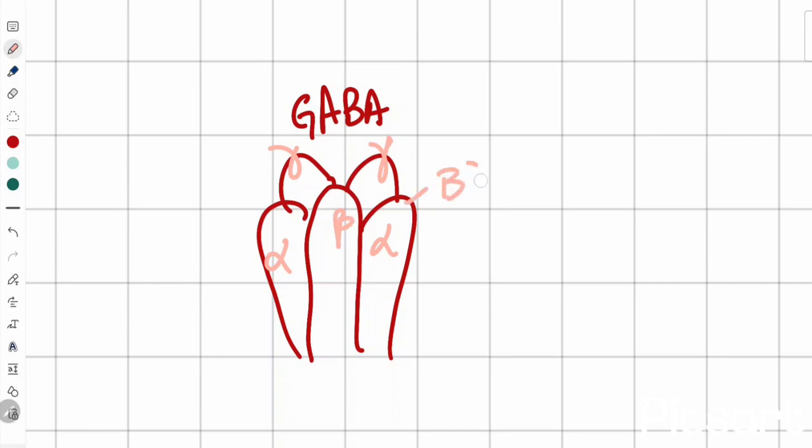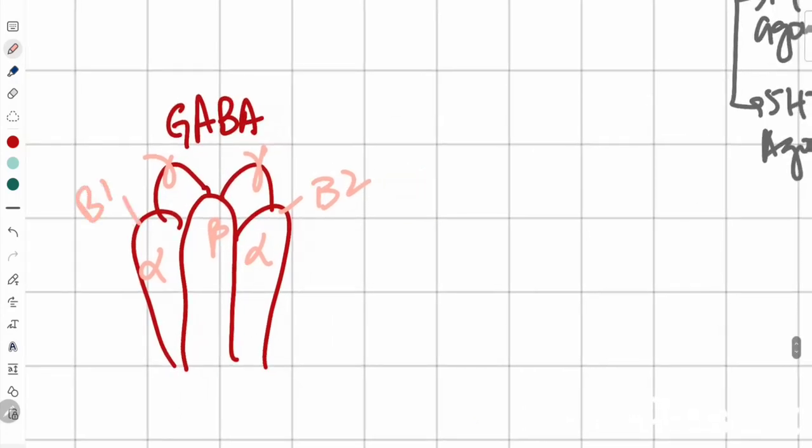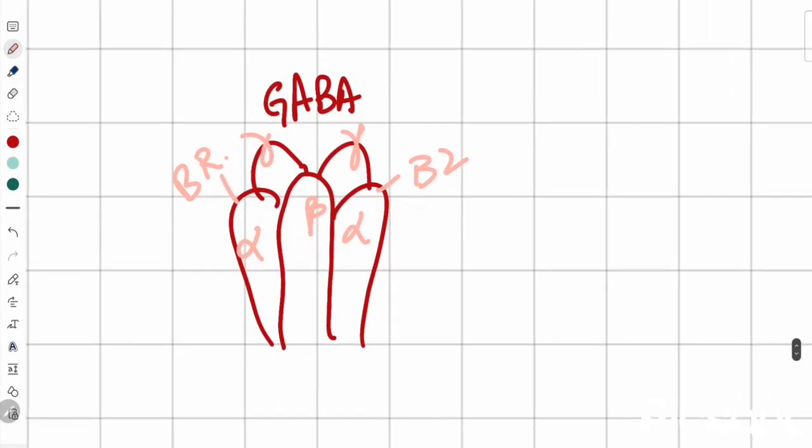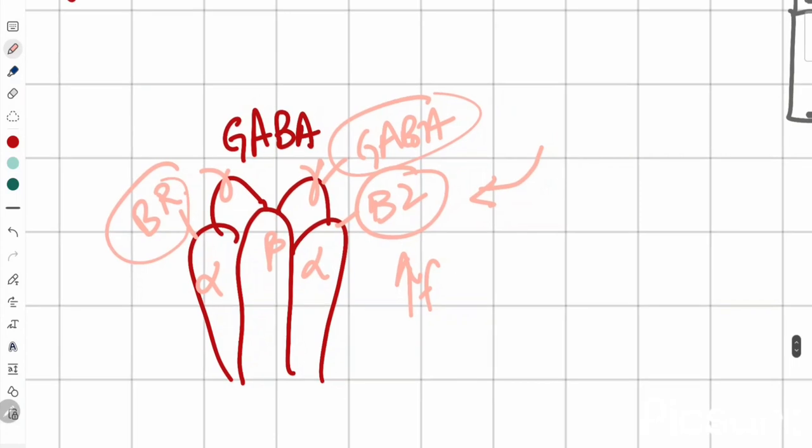One is a benzodiazepine receptor site, one is a barbiturate receptor site, and one is for GABA; these are the important sites. So the sites on the receptor are different. When a benzodiazepine attaches to the alpha subunit, it is going to increase the frequency of this channel opening, because when any one of these binds to it, it is going to increase chloride.